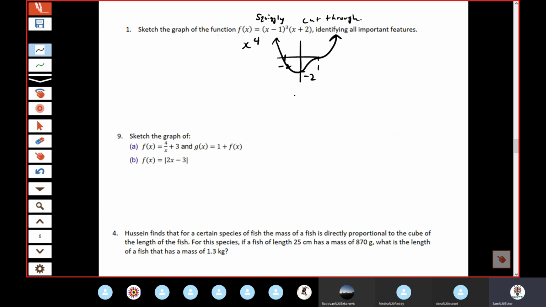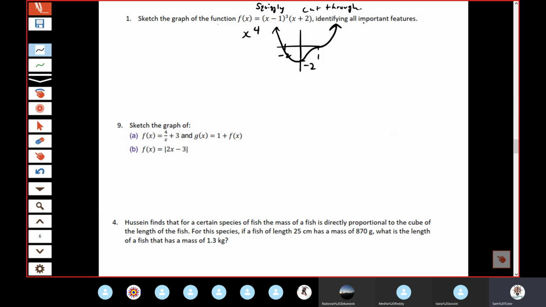If you have forgotten those rules of cutting through, square and what to do with squares, bouncy, and how to look for your highest polynomial, again, revise your work, go over it, should come to you in no time. Any questions for that one?